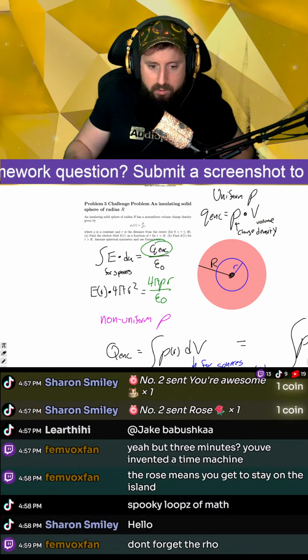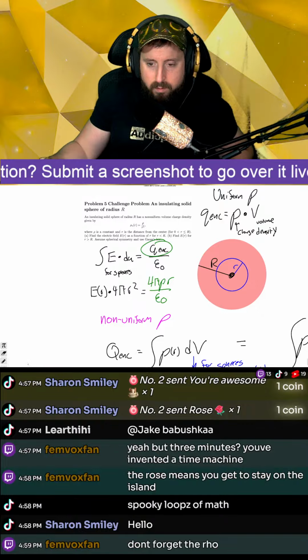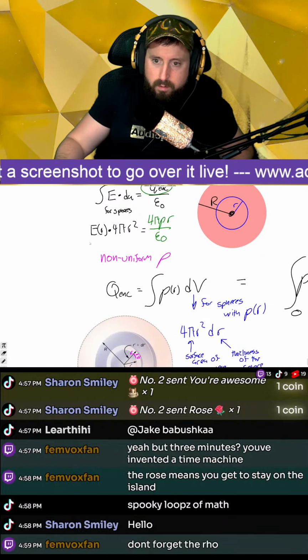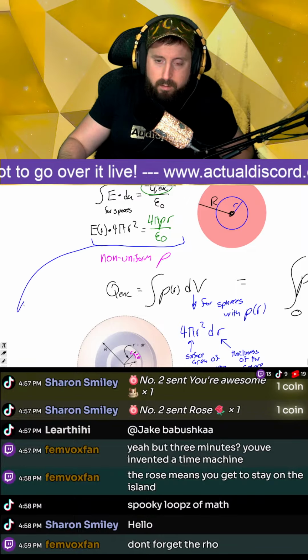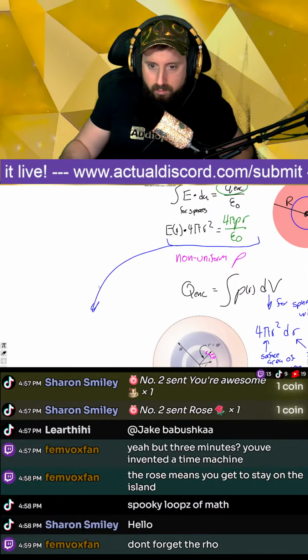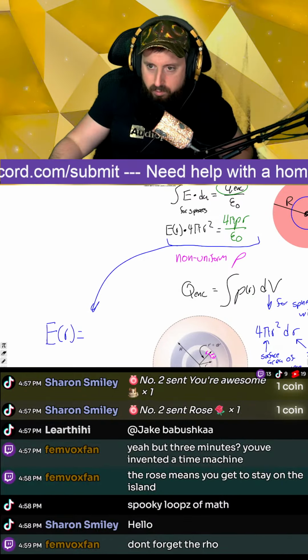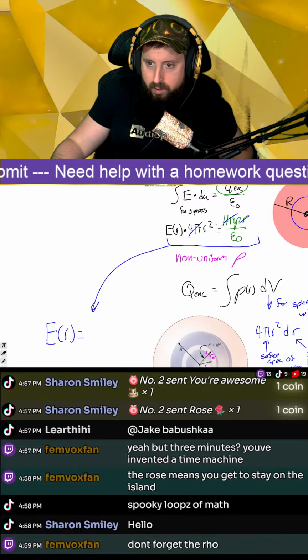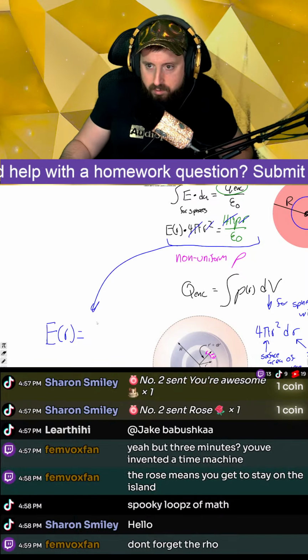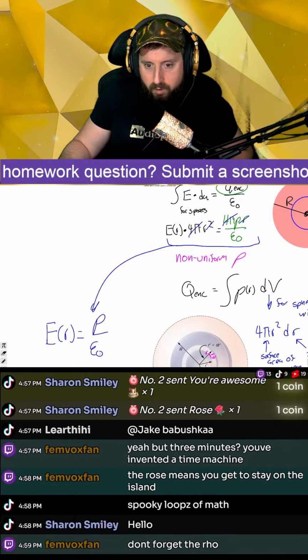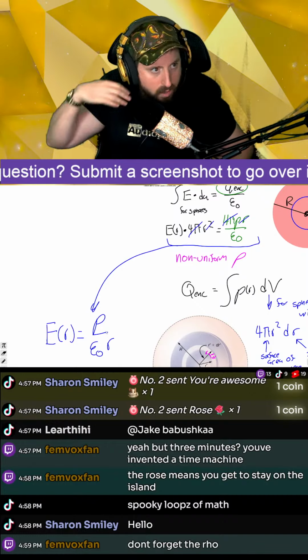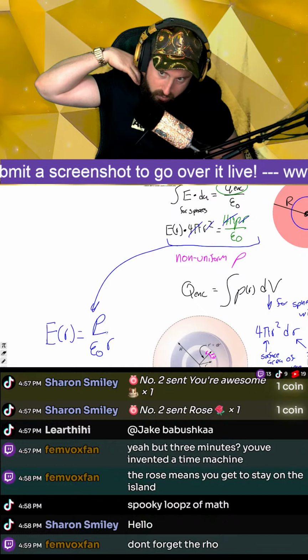Now I can solve for E. I'm going to get that E of r is equal to, the 4 pi's will cancel, one of the r's cancels, and so I just get rho over epsilon naught r. I think that's it.